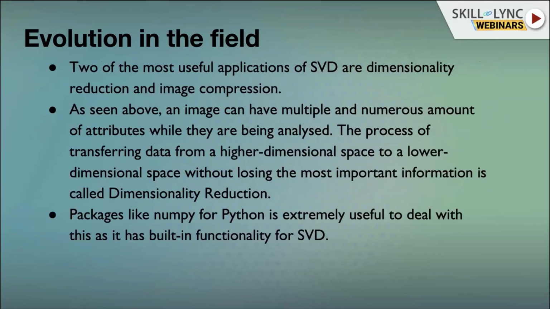In general, it is a technique in linear algebra to factorize a matrix. Now, where do we use it? Two of the most useful applications of singular value decomposition are dimensionality reduction and image compression. For example, you saw that picture before. How do we analyze this picture?